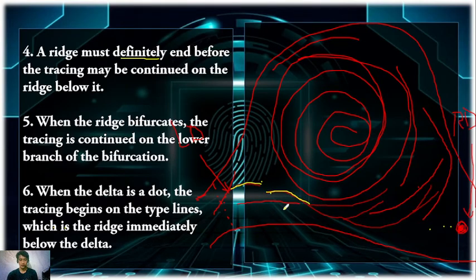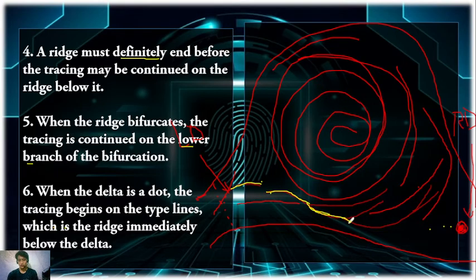So, nalilito na tayo. Saan natin itutuloy yung tracing? Itutuloy natin sa sabi dito sa rule number 5, it should be continued on the lower branch. Hindi sa upper branch. So we are going to continue on the lower branch. Dito yung upper branch, nasa taas. So bababa tayo, and then merong bifurcation na naman dito. Are we going to follow the upper branch?